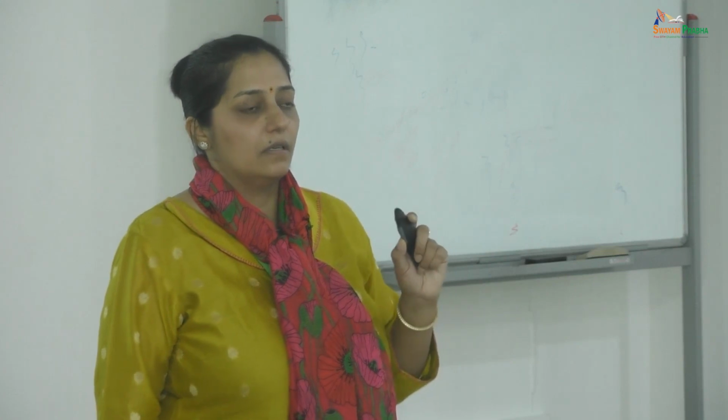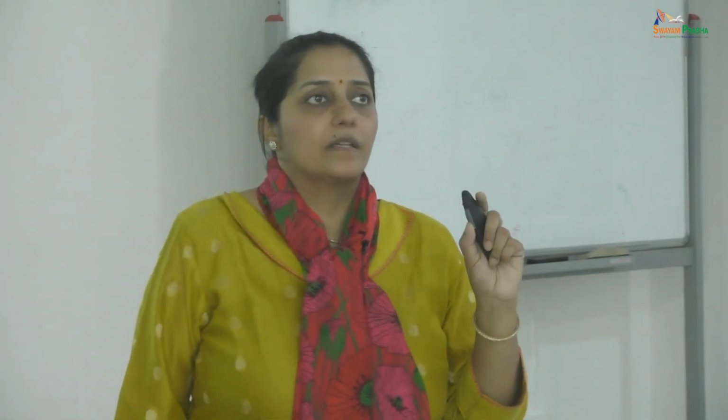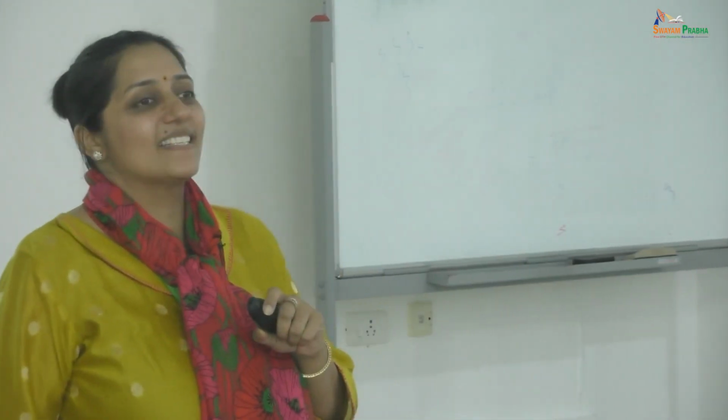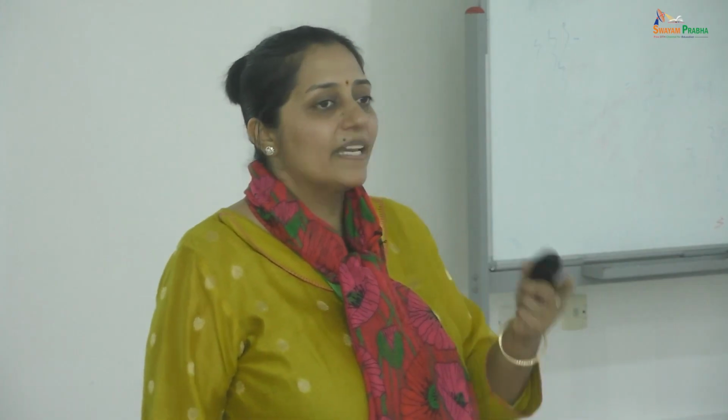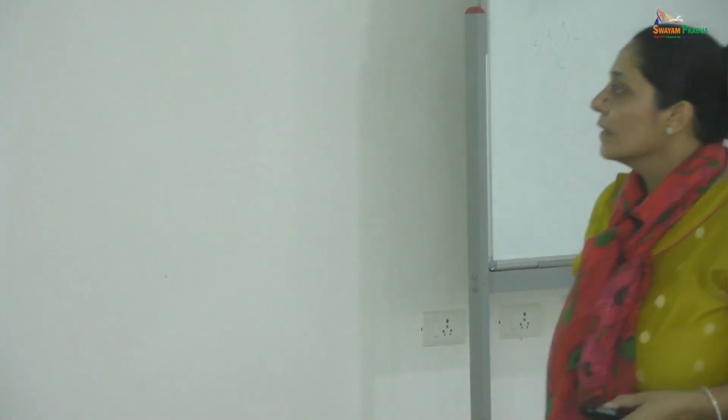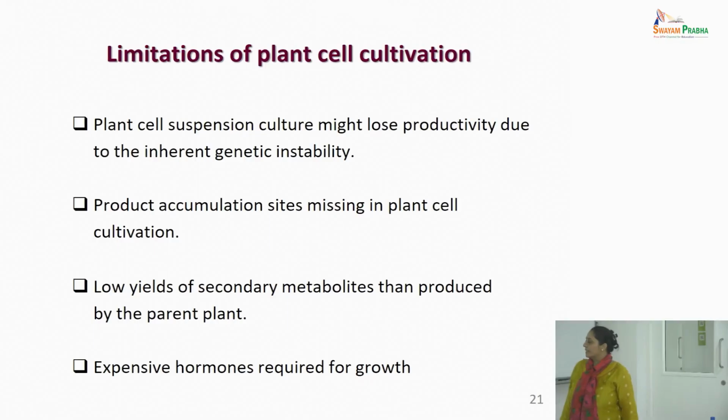Although the good point is that we are always at gain in terms of productivity with respect to time, because in nature it will take a longer time, but in lab it is taking less time. So if you bring it up numerically in terms of productivities, you may have better values. Low yields of secondary metabolites, I did tell you, and expensive hormones are required in the growth media.